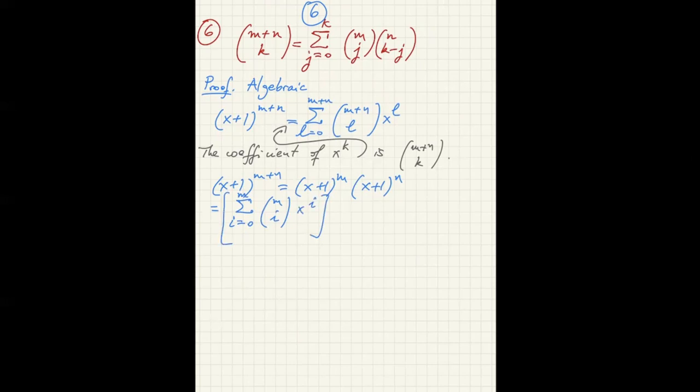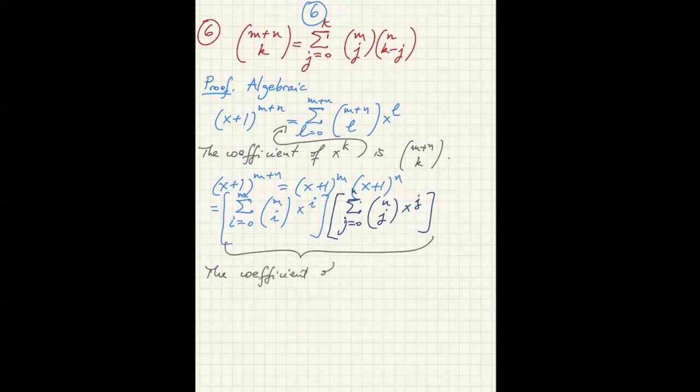And then we have the other sum, which is the summation from j equals 0 to n of n choose j x to the j. And now the question is, in this product, what is the coefficient of x to the k?